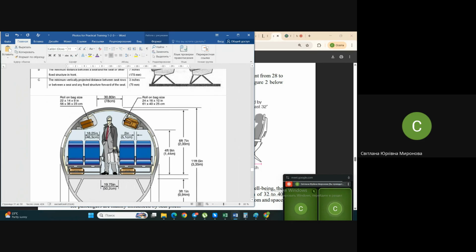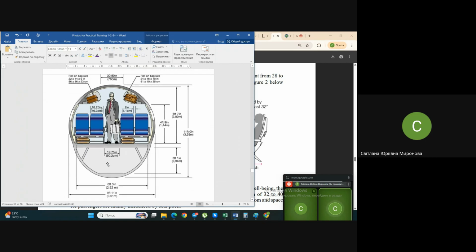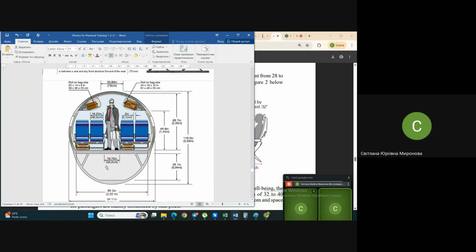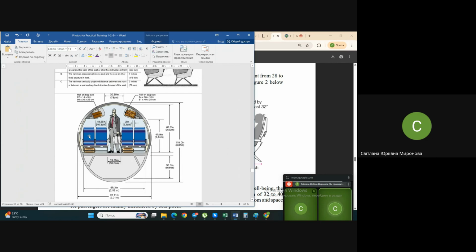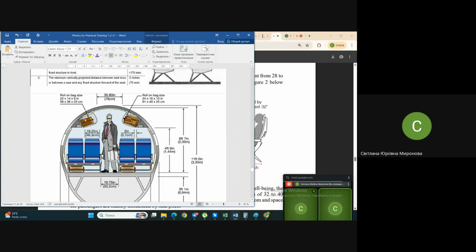Here, you see, are some recommendations. So actually, it's the layout of a real airplane. I do not remember clearly which one, Embraer or something like this, where I took it. And you see recommendations as to the placing or sizes of seats, as to the placing of so-called hand luggage, bags that people take into the passenger cabin, not passing them to the luggage compartment. About the places between lines, and so on.